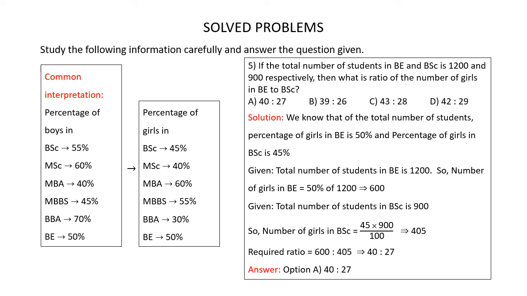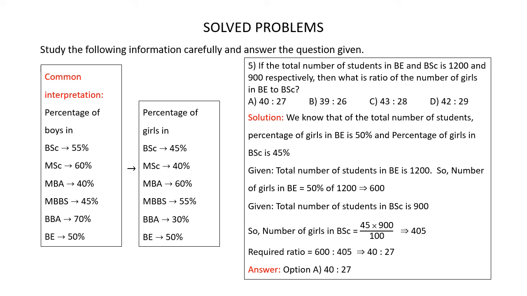So number of girls in BE is 50% of 1200, which is 600. Now it's given that the total number of students in BSc is 900. So number of girls in BSc is 45% of 900, which is 405.